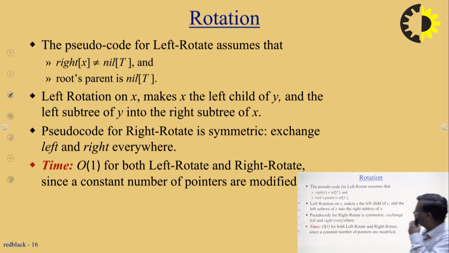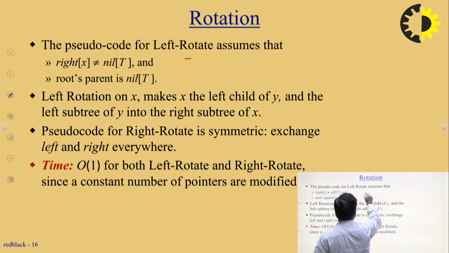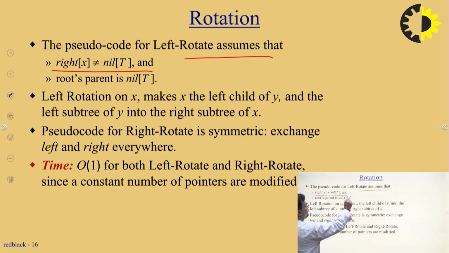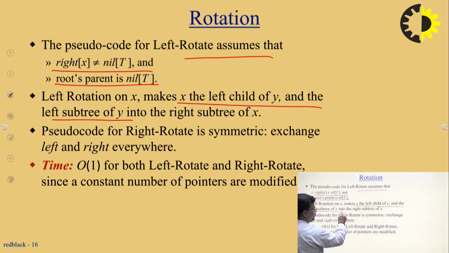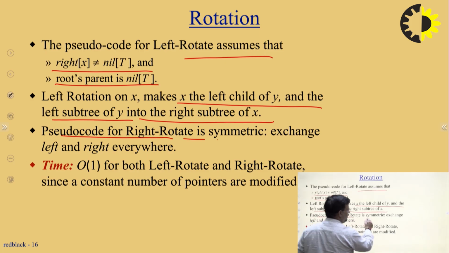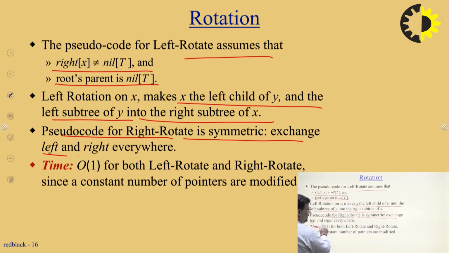Here is the pseudocode of left rotate. Assume that right of x does not equal nil and root's parent is nil. Left rotation on x makes x the left child of y, and the left subtree of y becomes the right subtree of x. The pseudocode of right rotate is symmetric: exchange left and right everywhere.